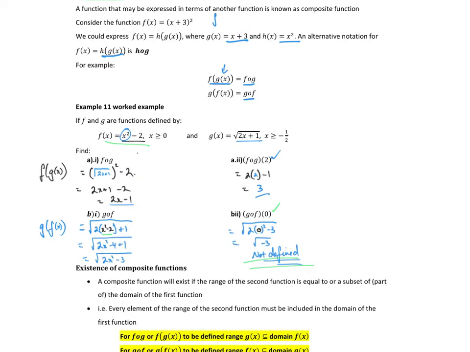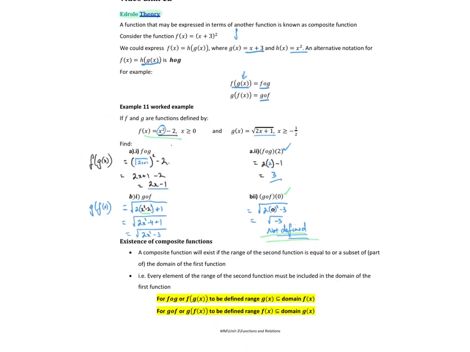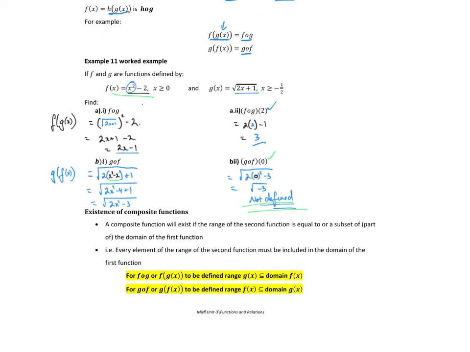That leads us to a really significant element of composite functions: even though we can find rules for everything, it's not to say that the function necessarily exists. Let's think about even this last one here.